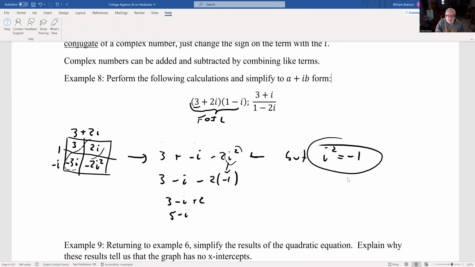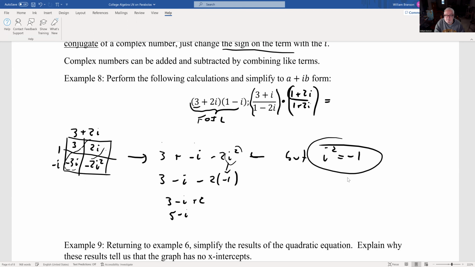How to deal with a division is we're actually going to multiply the top and bottom by the conjugate of the bottom, right? And the conjugate is just change the sign on the term with the i. So 1 minus 2i, the conjugate of this is 1 plus 2i.